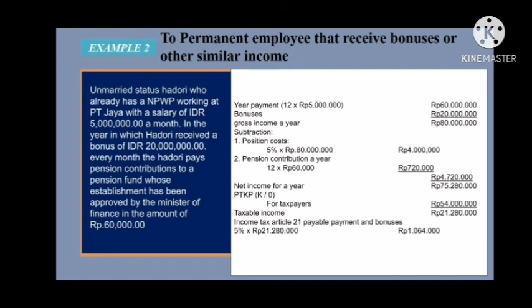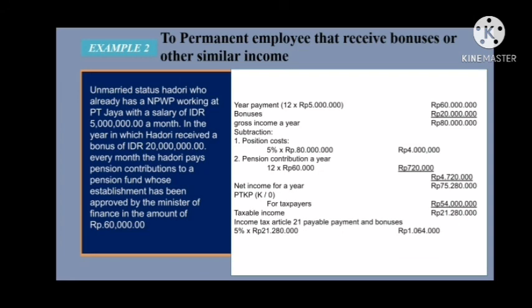To set the income tax article 21 payable on the salary and the bonus, we need to multiply the salary by 12 and add the bonus, namely 60 million plus 20 million equals 80 million rupiah. And then the 80 million rupiah of gross income a year minus position cost and pension contribution a year.